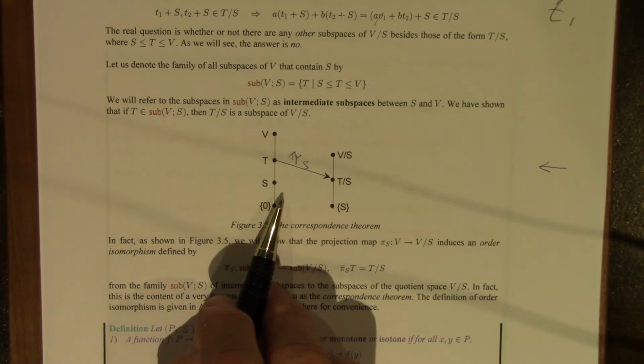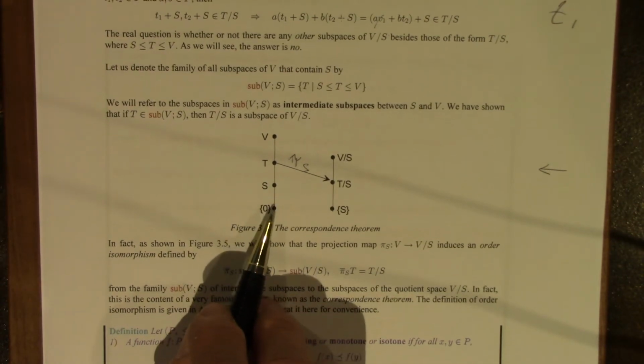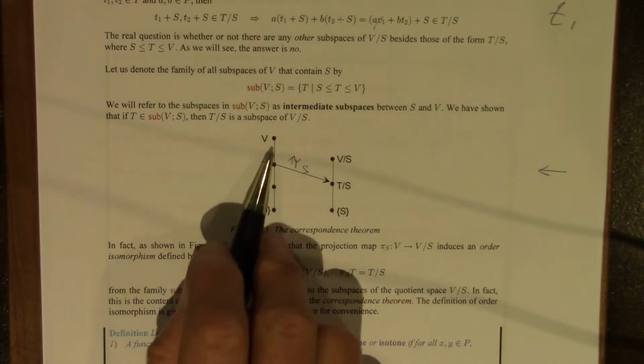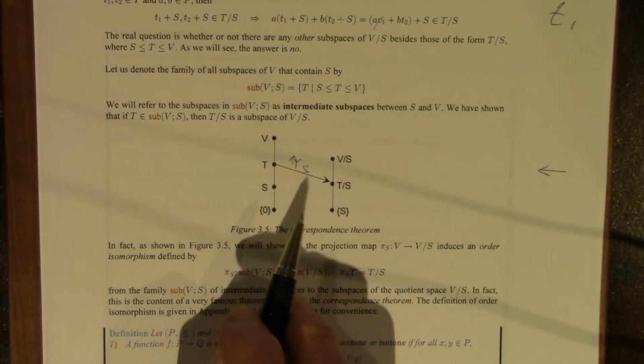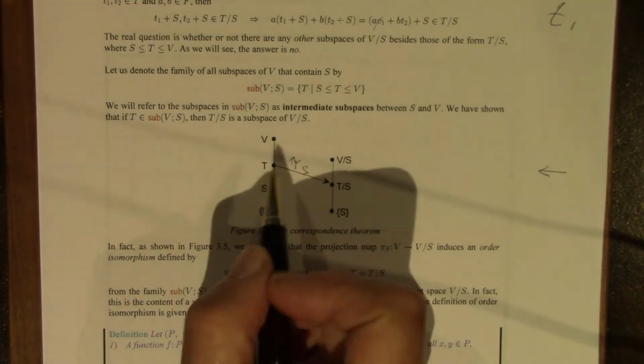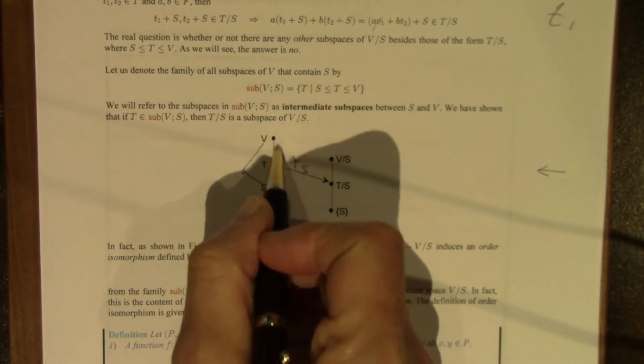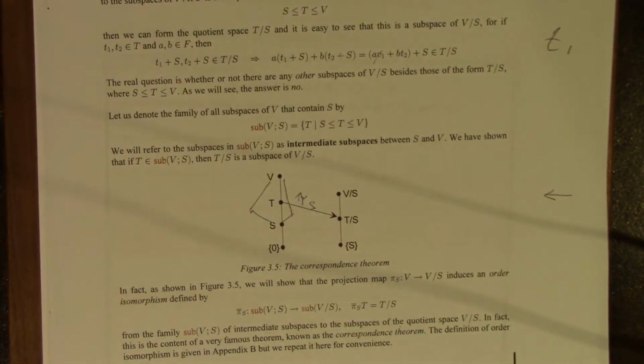There is one word of caution with respect to this figure. The subspace lattice of a vector space, generally speaking, is not totally ordered. So there'll be subspaces over here and over here.